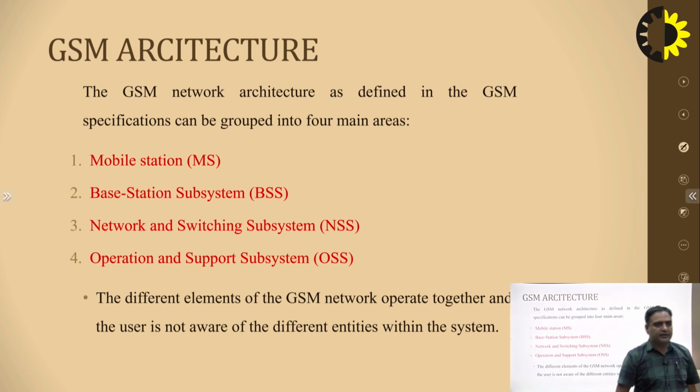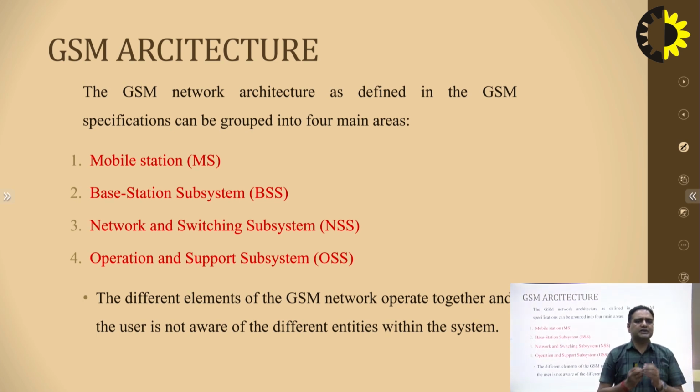I have already discussed the mobile station, MS, and the base station subsystem, BSS. In the context of BSS, the two terms are BTS and BSC, base transceiver system and base station controller. Then the network and switching subsystem, meaning the MSC, mobile switching centers.